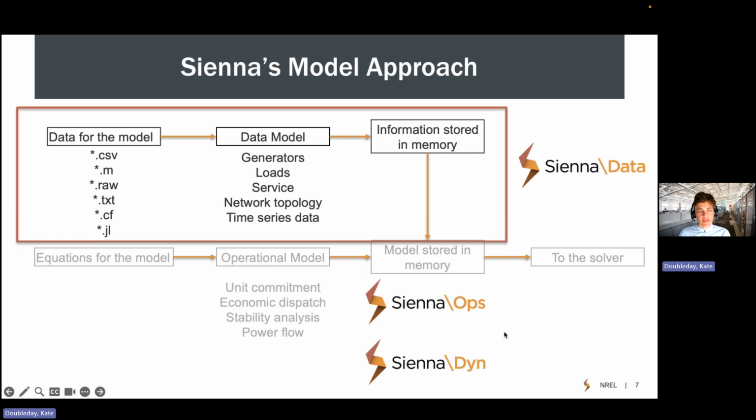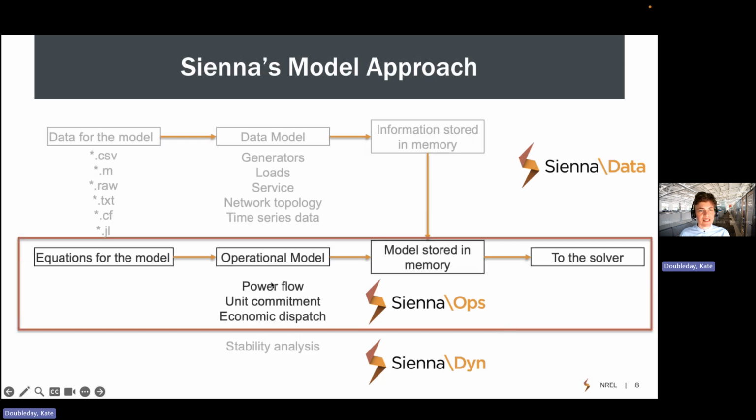Today we'll be focusing on the second half of this approach, which is using Sienna Ops to formulate the behavior. So to describe problems like power flow, unit commitment, and economic dispatch, which can then be combined with the input data coming from Sienna Data to develop a complete model, both data and equations that can be sent to a solver or simulated.